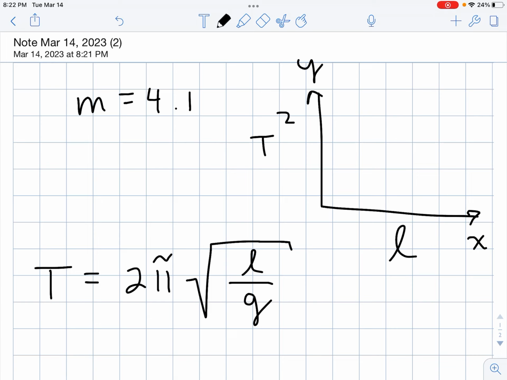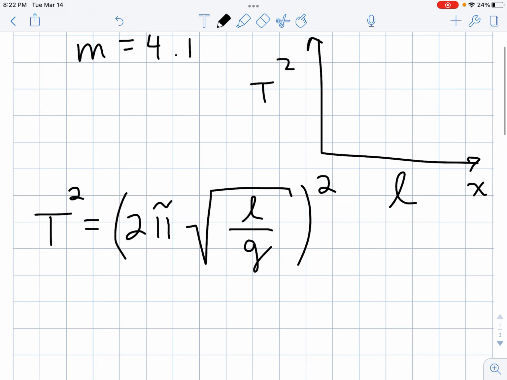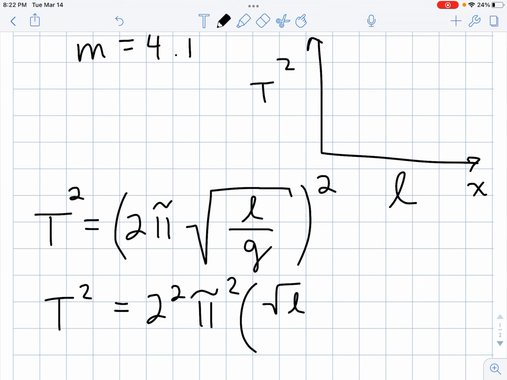So on the left side, we'd have to square T, and on the right side, we'd have to square the entire expression. Inside the parentheses, we have a lot of factors being multiplied together. So you get 2 squared times pi squared times the square root of L over G, squared. I'll go ahead and write it out for now.